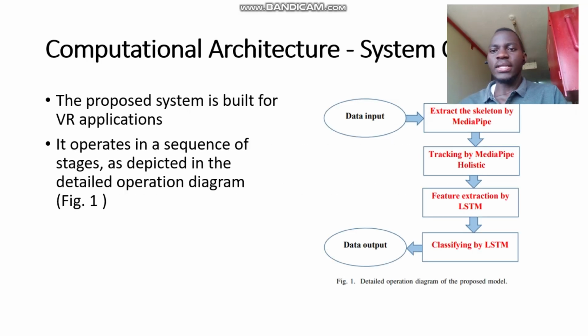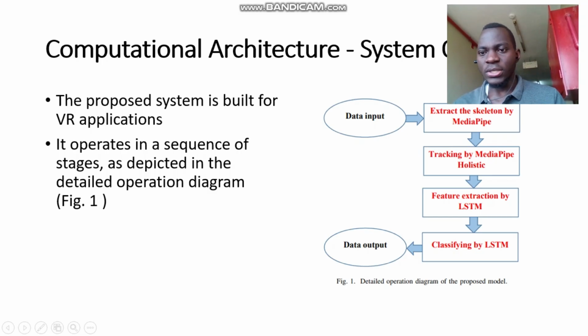So basically this is the architecture within their paper. The proposed system was built, as I told you, for virtual reality to get these gestures. As you can see in the diagram, there is data input.